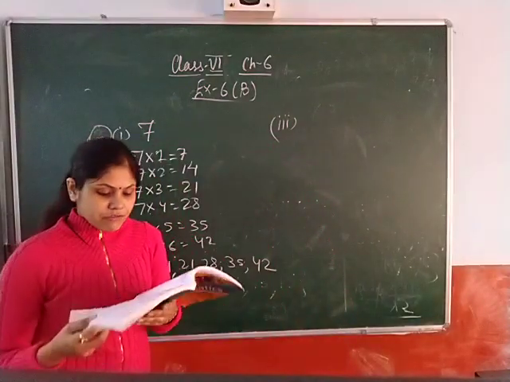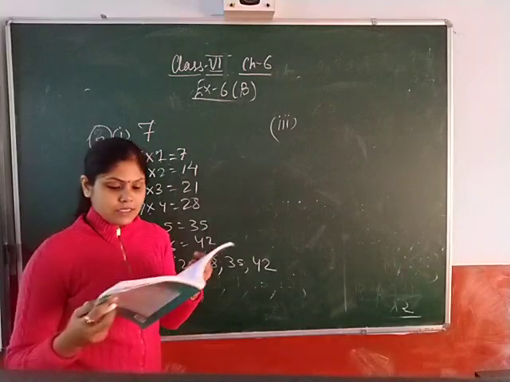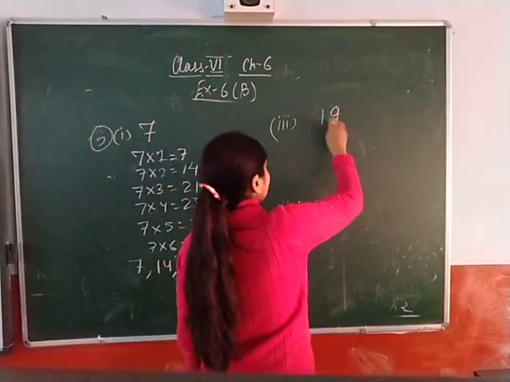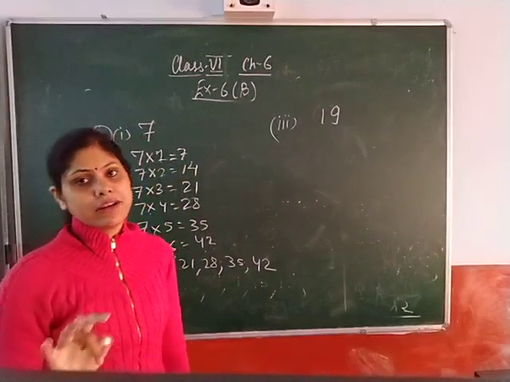Okay. First 5 multiples of 19. Now I am doing it directly. If you do it directly, then also you will get full marks. Okay.